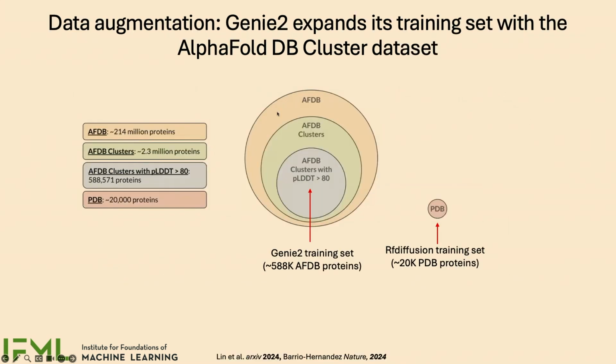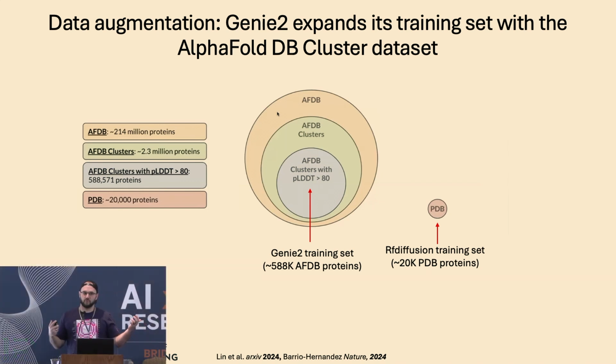The other big thing they had in their paper was, because of AlphaFold's big breakthrough in the last few years, there's this thing now called AlphaFold DB, where they computationally folded over 200 million proteins. So can we use these 200 million protein structures to train diffusion models? They were the first to do that. For reference, RF diffusion was trained on the PDB with about 20,000 proteins.